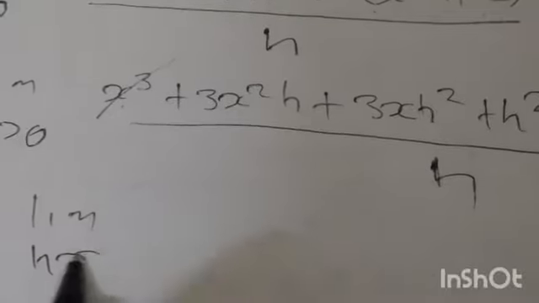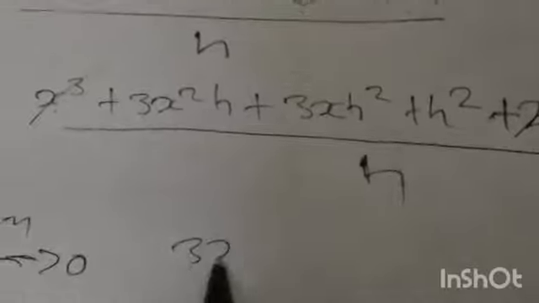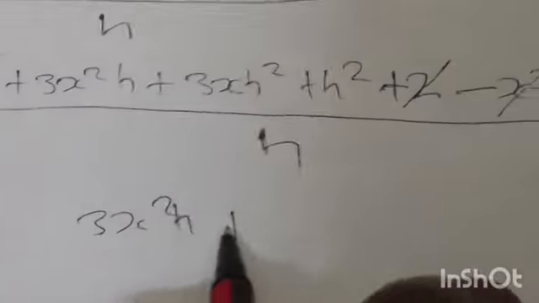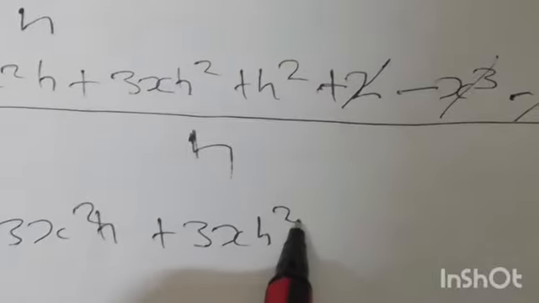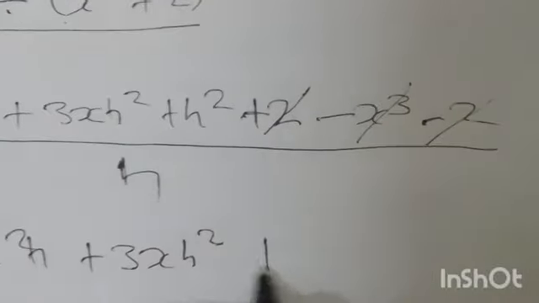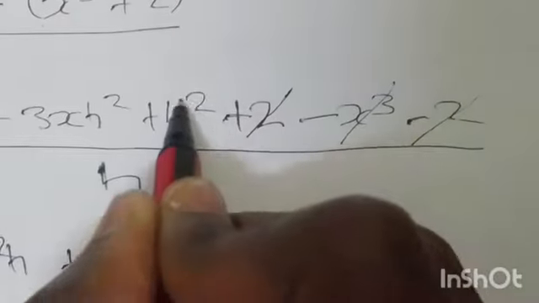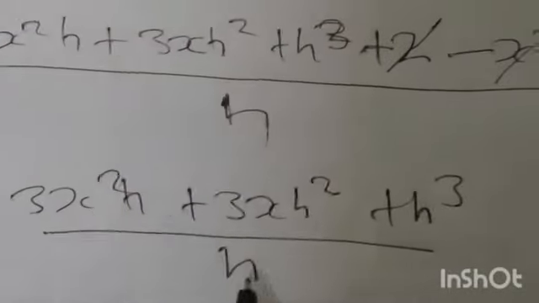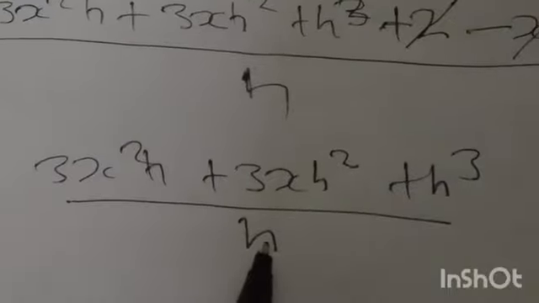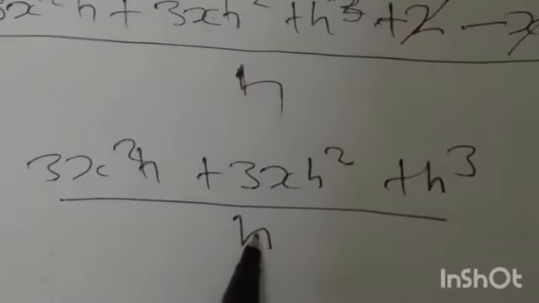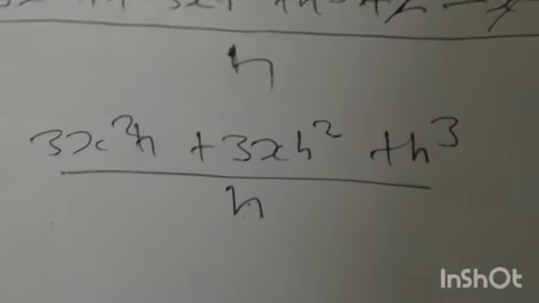So you remain with limit as h approaches 0 of 3x squared h plus 3xh squared plus h cubed, not squared, this is h cubed, over h. From here you can see this function is factorizable, because if you put h here, this would be undefined if you go back to the rules of limits.